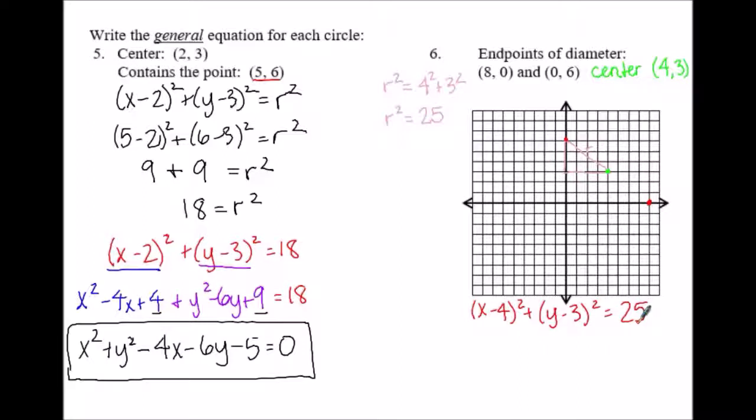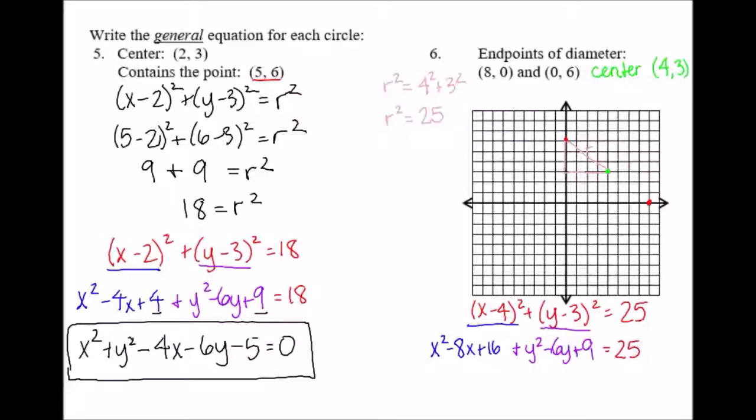And if I want to go ahead and write this out in the general form, I need to square x minus 4, which would give me x squared minus 8x plus 16. And I need to go ahead and square y minus 3, which would give me y squared minus 6y plus 9. And that is still equal to 25.